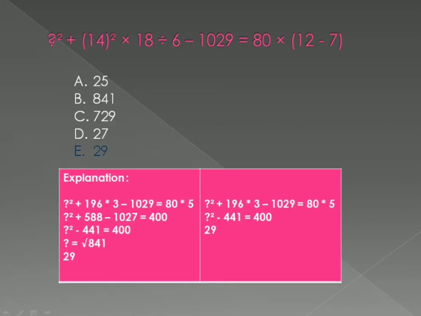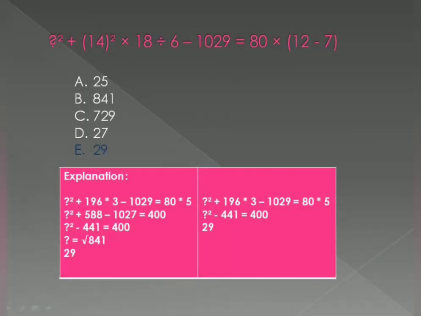Next, you will need to know all the square values, because it is the most important thing here. 14 square is 196, into 3. Go with the priority of BODMAS, so first the square, then division, multiplication, addition and subtraction.